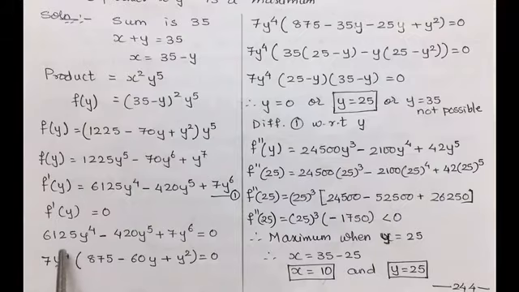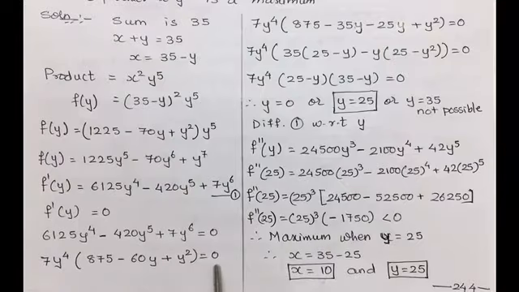Taking out 7 y raised to 4 common to minimize our calculation, inside the bracket remains 875 minus 60y plus y square equal to 0.